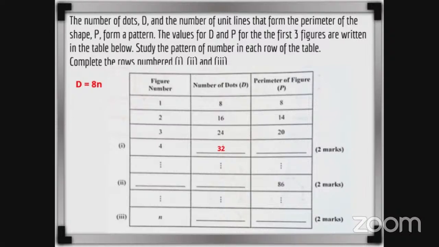So the equation that we started with is 8n subtract open bracket n subtract 1 close bracket multiplied by 2. So it's 8n subtract open bracket n subtract 1 close bracket 2.